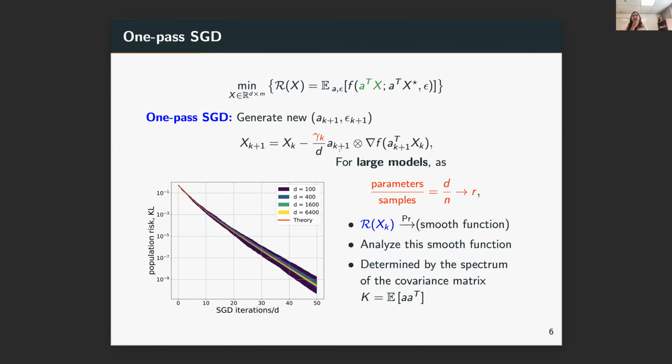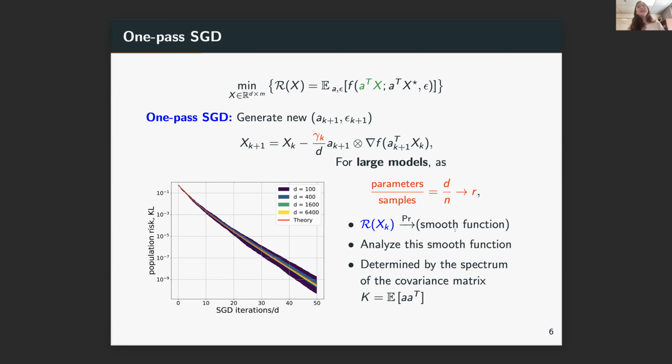What you see here is that for large models, as both the parameters and samples go to infinity but the ratio goes to some fixed constant, the risk evaluated at this stochastic algorithm will converge to a deterministic smooth function.